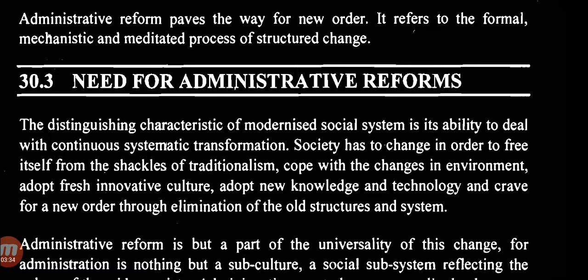Need for administrative reforms. The distinguishing characteristic of a modernized social system is its ability to deal with continuous systematic transformations. Society has to change in order to free itself from the shackles of traditionalism, cope with the changes in environment, adopt fresh innovative culture, adopt new knowledge and technology, and crave for a new order through elimination of the old structures and system.